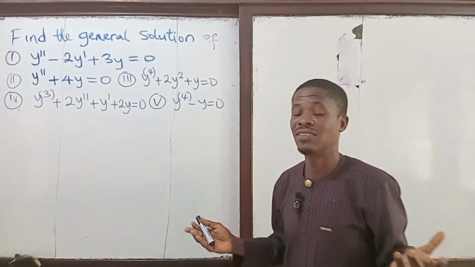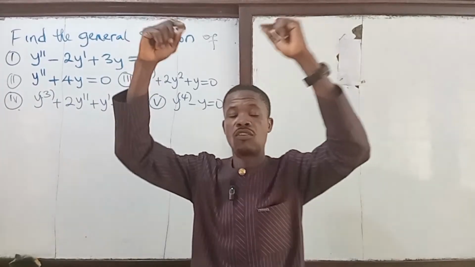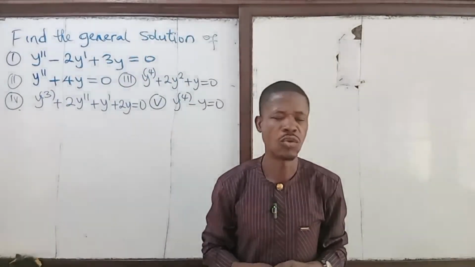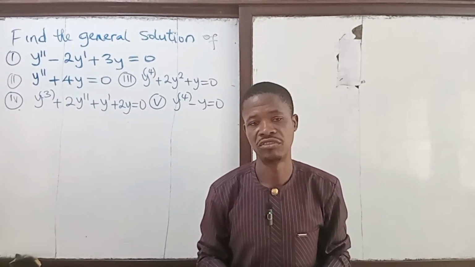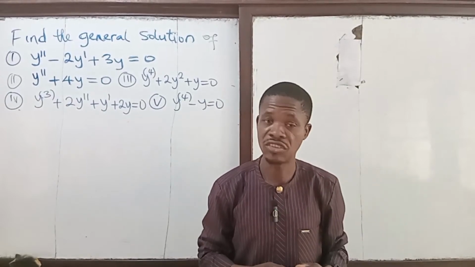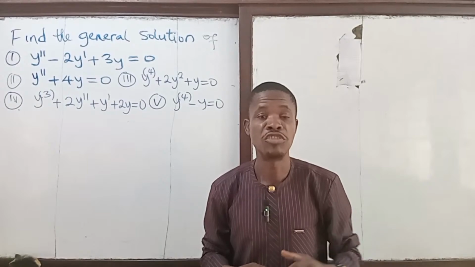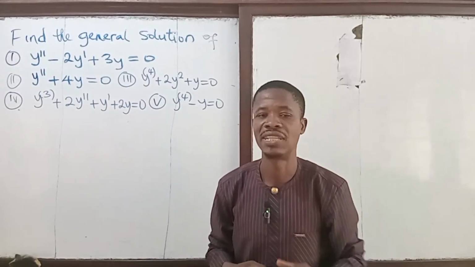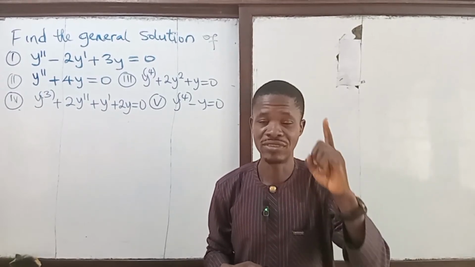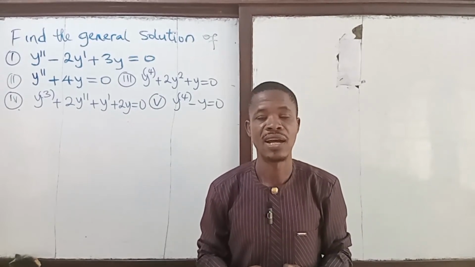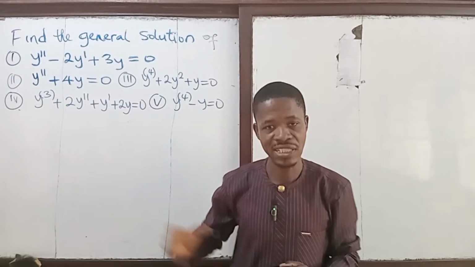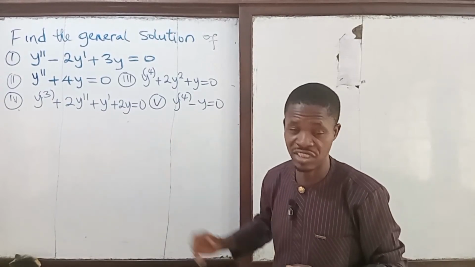I've said before that undetermined coefficients is not the only method to solve second order differential equations. You can also use variation of parameters, but you need to follow the instruction by the examiners. Some examiners will stipulate to use undetermined coefficients, while some will tell you to use variation of parameters.